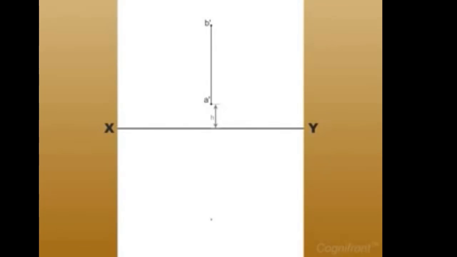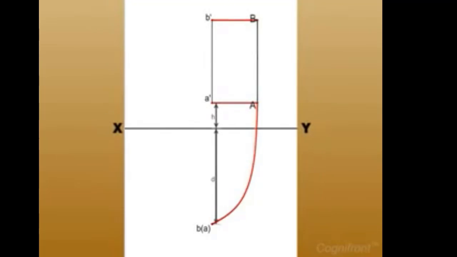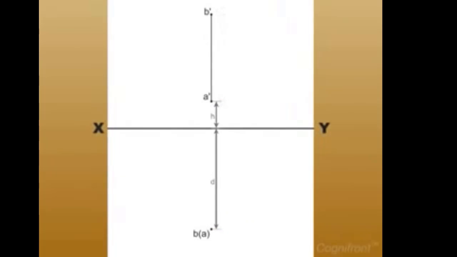Next, mark a point BA below XY at a distance of D units in line with line A', B'. Line A', B' and point BA are the projections of the line AB on VP and HP respectively.